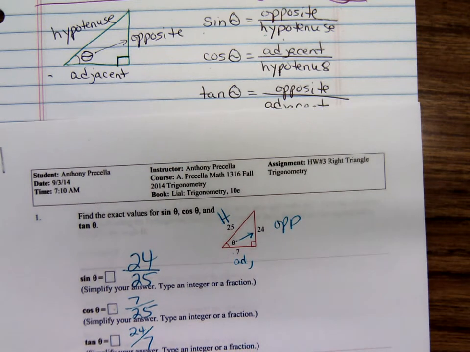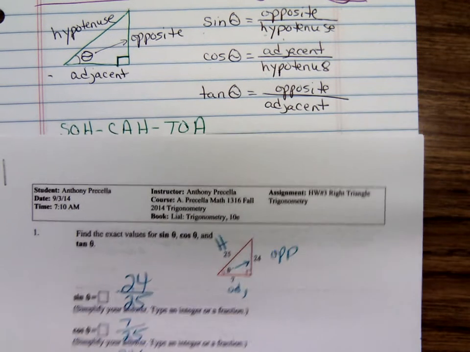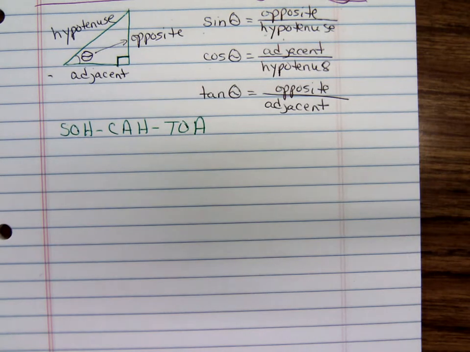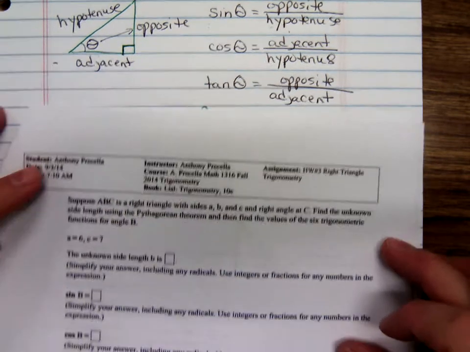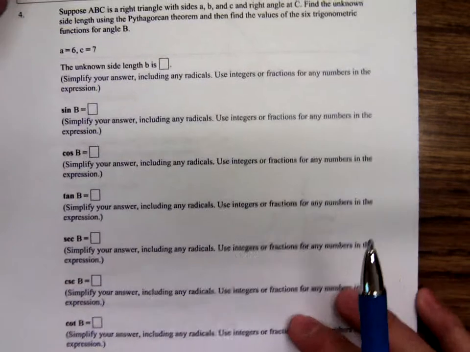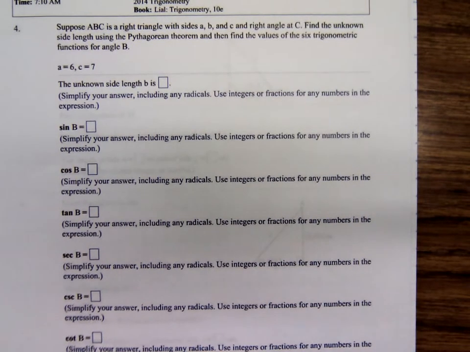Now, let's do one where the picture's not drawn for us. This is problem number 4. It looks long, doesn't it? It takes up a whole page. Problem 4.